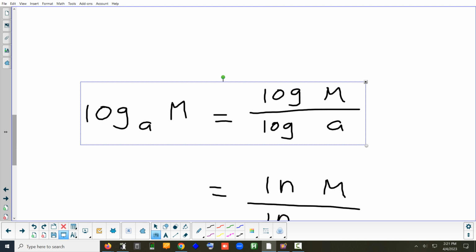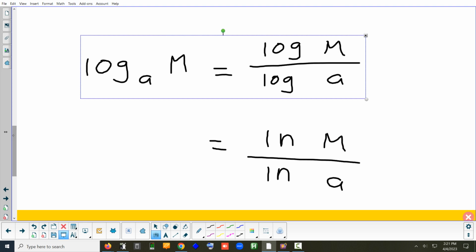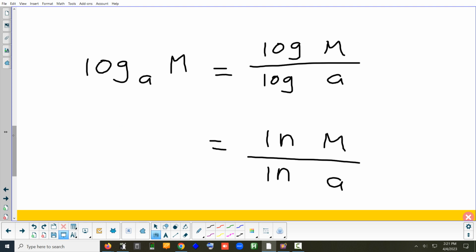That's the change of base formula. And it doesn't matter which log button you use. You can take the common log of the argument and divide by the common log of the base, or you could take the natural log of the argument and divide by the natural log of the base. Don't mix them. Either use all common logs or all natural logs, but it will come out the same.